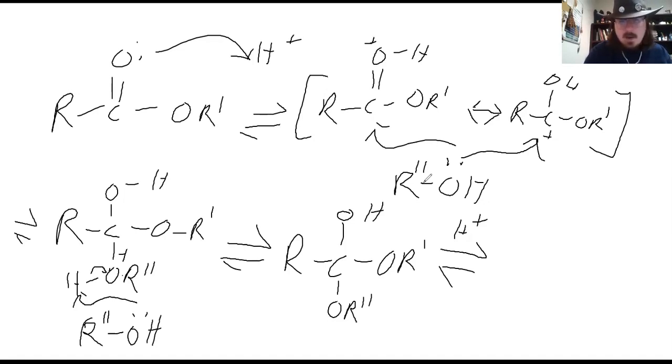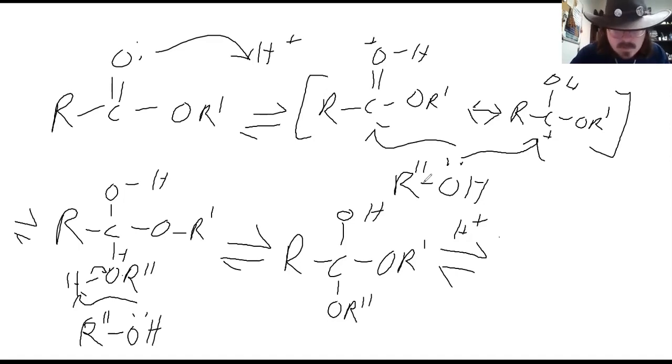Now, we could also protonate the hydroxide, but hydroxide is a weaker base than an alkoxide. So we'd much rather protonate the alkoxide than our hydroxide. So we protonate that, and then it shifts down.